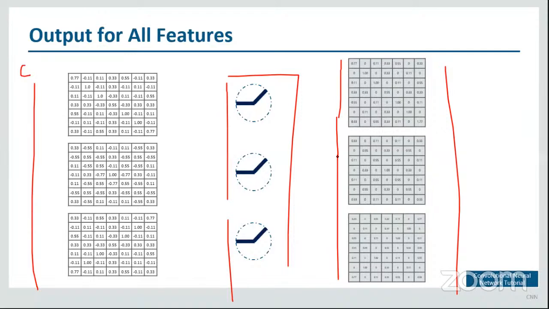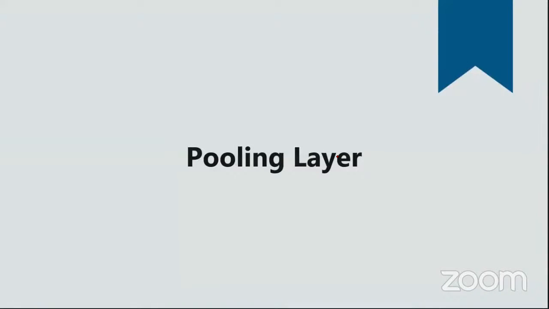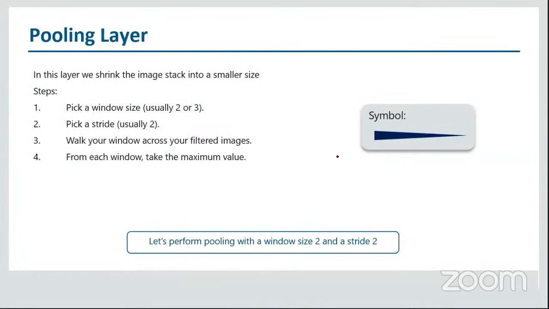Once I have these positive values, I go to the third layer, which is called the pooling layer. In the pooling layer, I pick a window, usually of size 2 or 3, and a stride, usually 2.